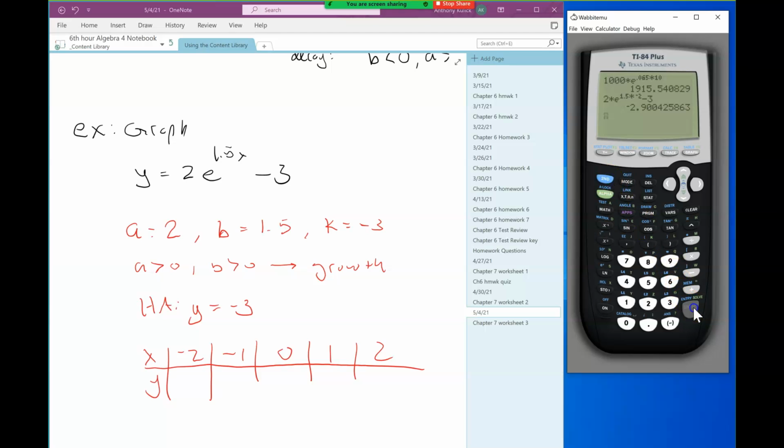So that's 2.9, and then we'll go back in and change the minus 2 to a minus 1, and then change it to a 0. Again, you're going to get yucky decimals for almost all of these. That's okay. Just round it to the tenth spot, that's usually fine. Depending on how big or small they are, you might want to do something different, but it's probably fine.